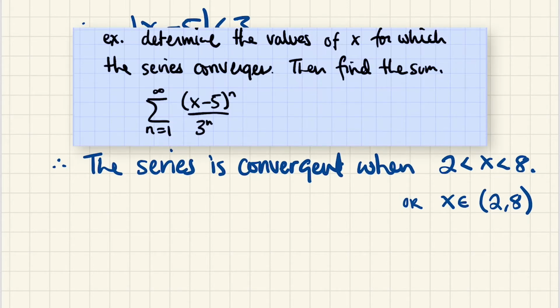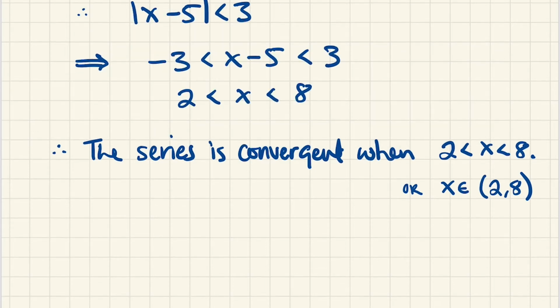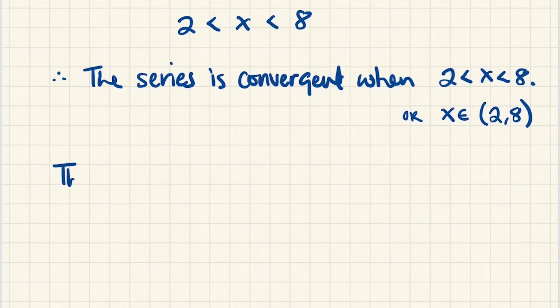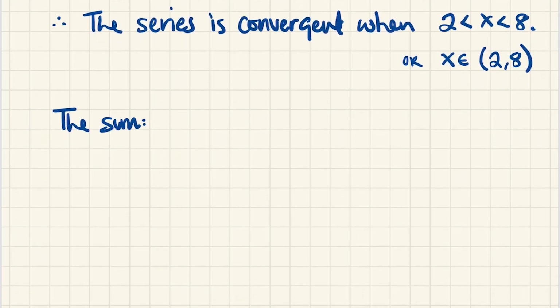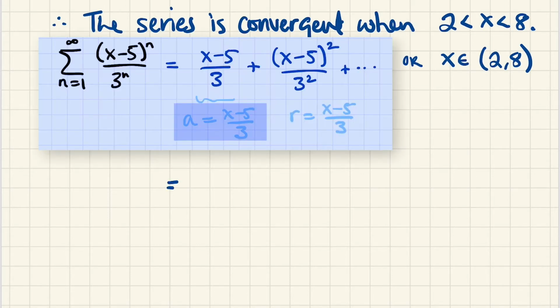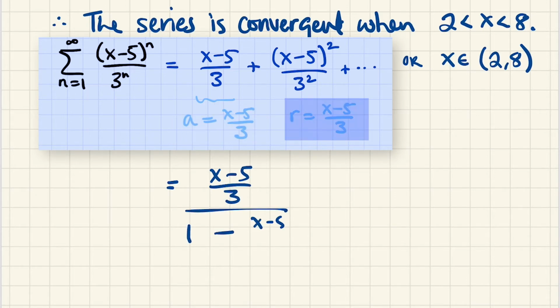All right, the second part of the question said, find the sum of the series assuming convergence. So the sum is a over 1 minus r. Well, we calculated a to be (x minus 5) over 3, and we also calculated r to be exactly the same thing.